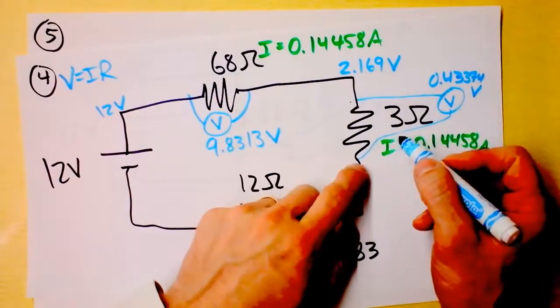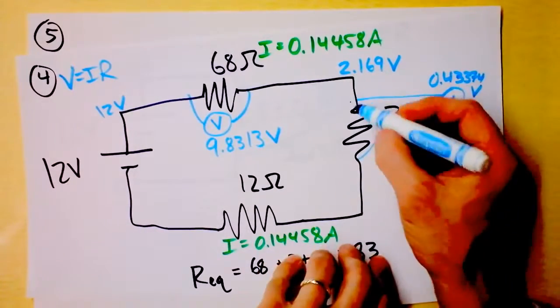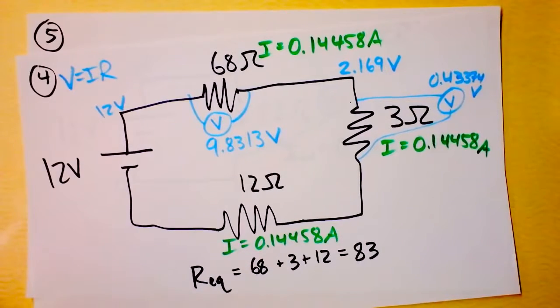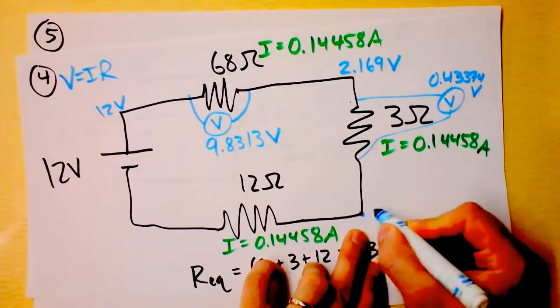The voltage decreases because the potential of the charges that are moving through here, pretend it's positive charges, is going to be decreasing. So I take 2.16867 and subtract that answer, 0.43374, and I find the voltage at this location right here.